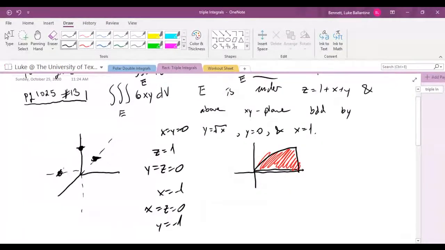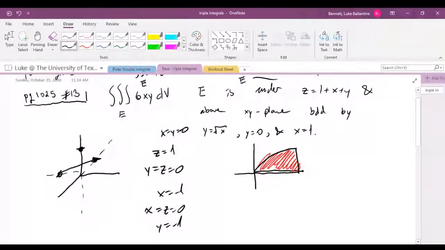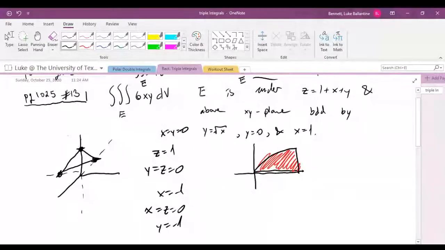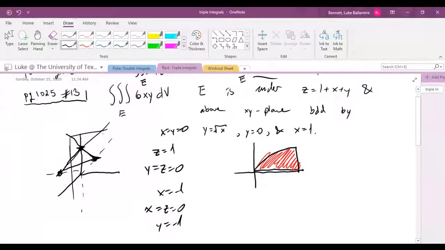It's going to come up above the xy plane, as the z-intercept is 1, and shoot up like that.